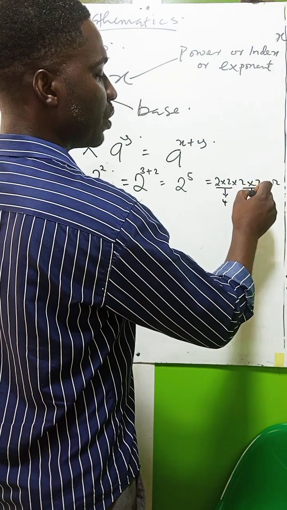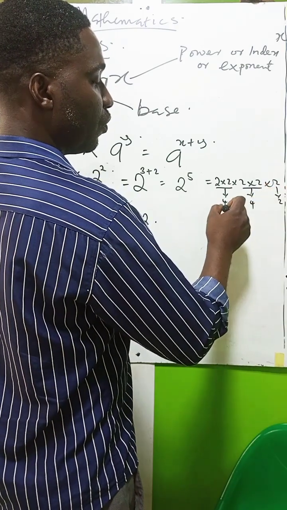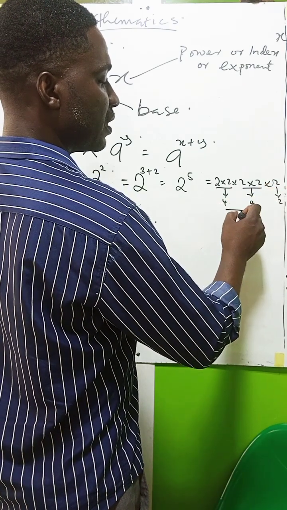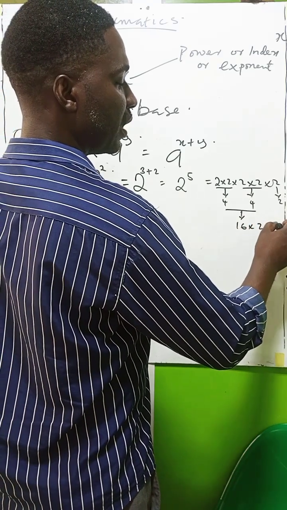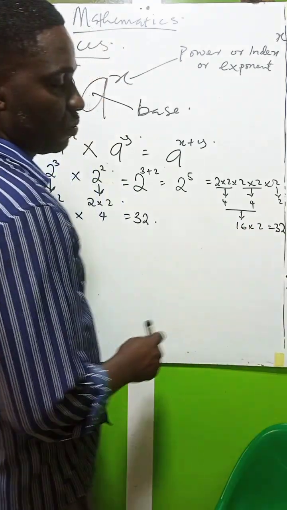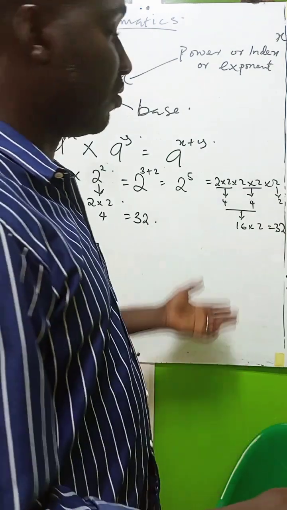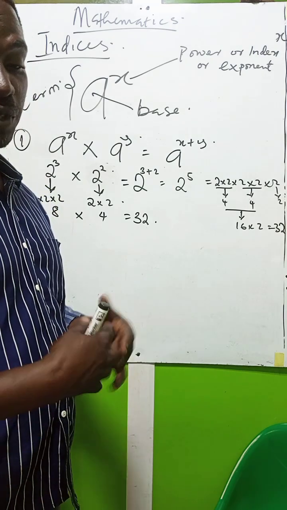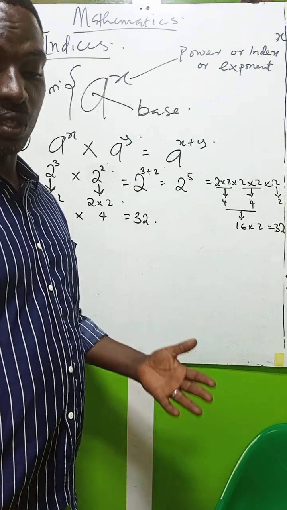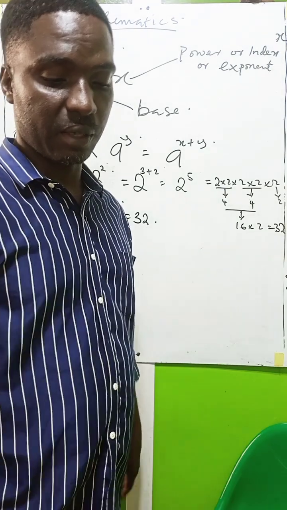Another 2 times 2 will give us 4. Then times 2. 4 times 4 will give us 16 times 2, which is also 32. So instead of going through the hassle of the arithmetical method of solving it, we can use the law of indices and we will still arrive at the same answer.